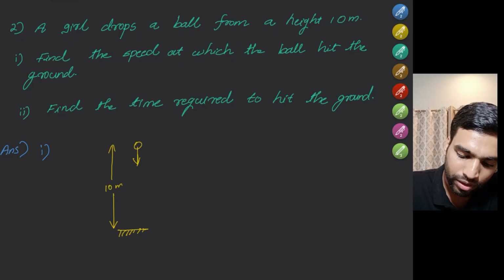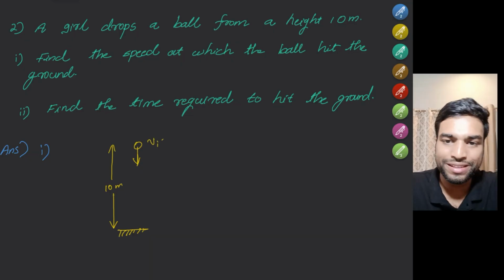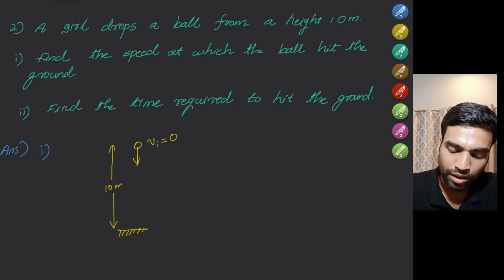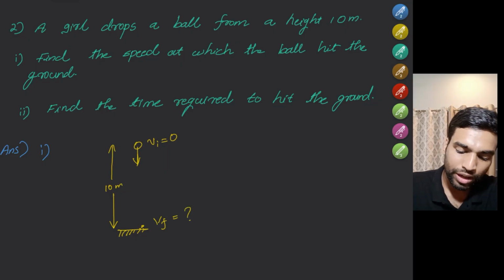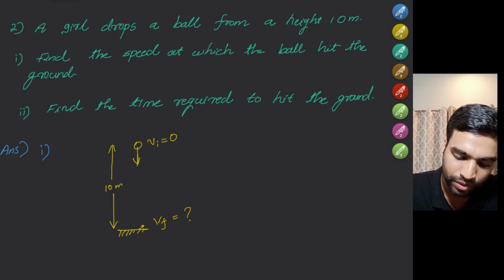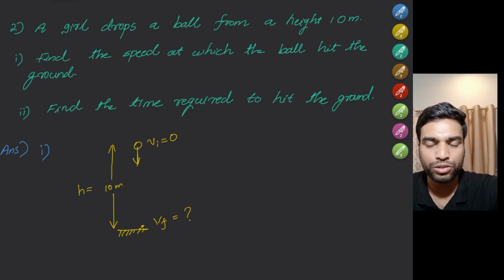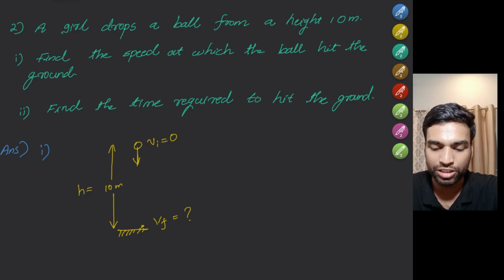So initially the speed is 0 and the question is what is the speed at this point, that is Vf, correct? We only have this height. That height corresponds to displacement.